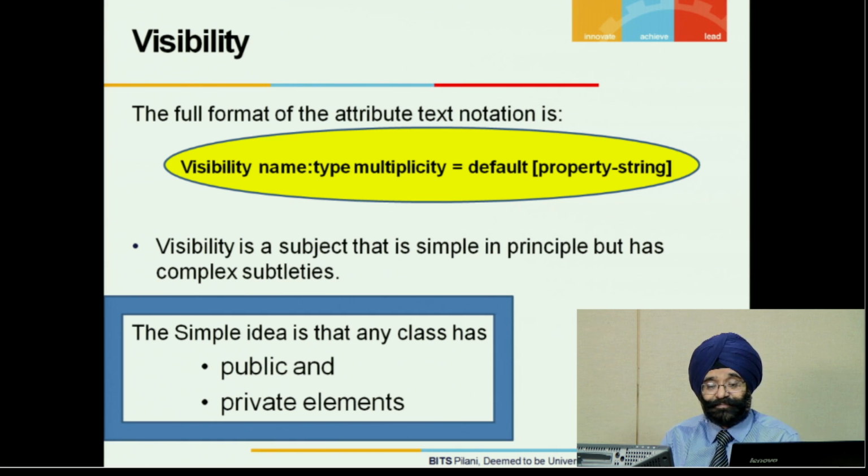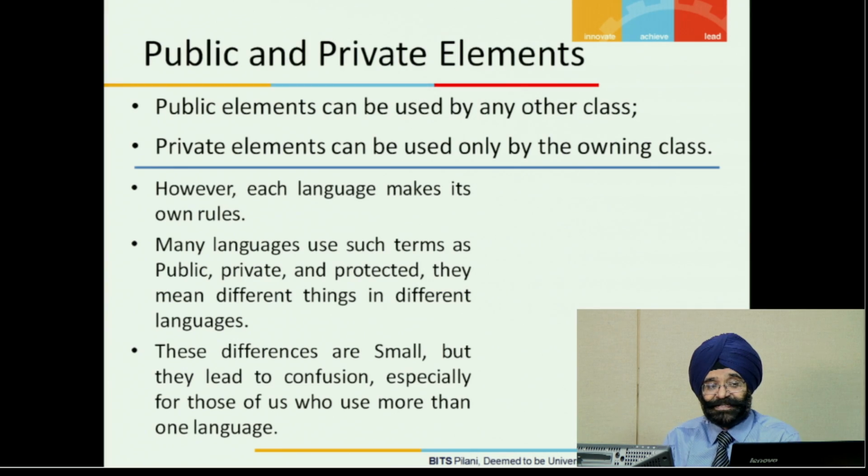Now, though the idea is fairly simple, only a public attribute or a method can be used by other classes. When I say other classes, I'm talking about methods in other classes. Obviously, anything used by an object is actually used by a method in that object.